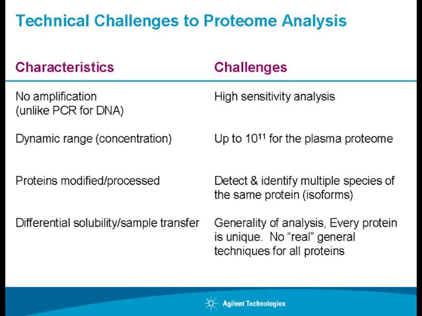So while following an analytical approach, you must address this aspect also. This is one of the biggest challenges. Proteins are modified and processed, so you must detect and identify multiple species of the same protein: same protein, various species, different isomers, different modifications, all those things.